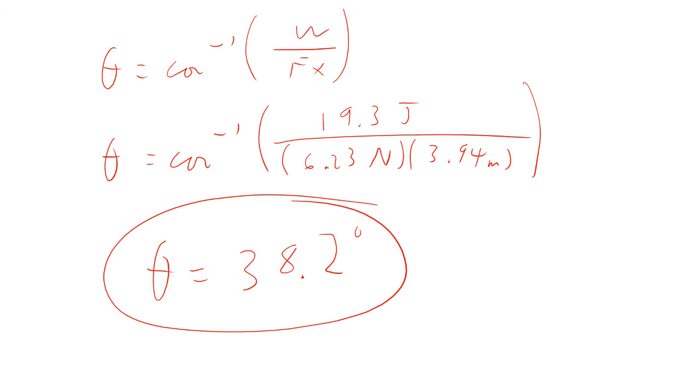Anytime you have this vector dot product, if you know the result of the dot product and you know what the vectors are, you can work backwards to figure out what the angle was between the two vectors.